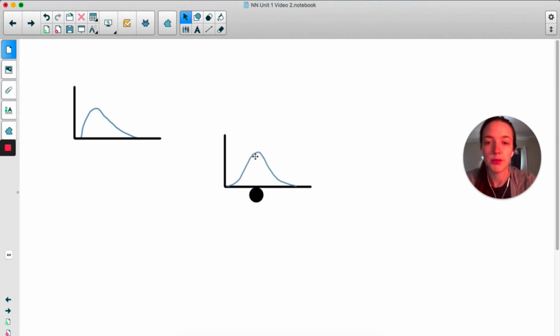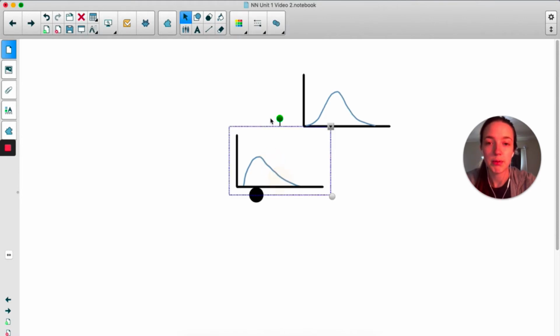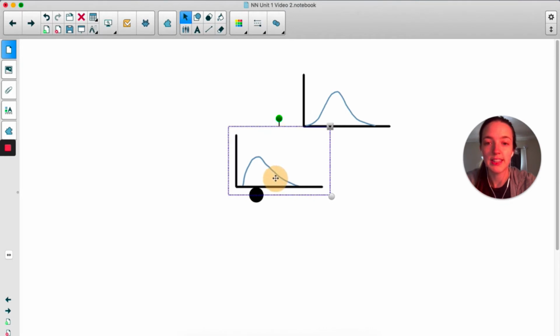Whereas this distribution is skewed, if I center it so that the ball is right underneath the tallest part, it's probably going to tip off the ball this way. So I need to move it a little bit this way so that I can balance it. So the mean is probably about there.